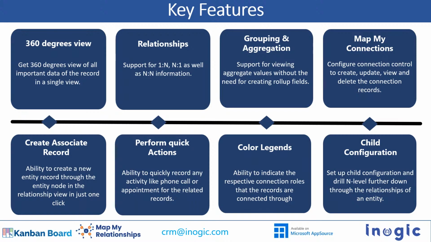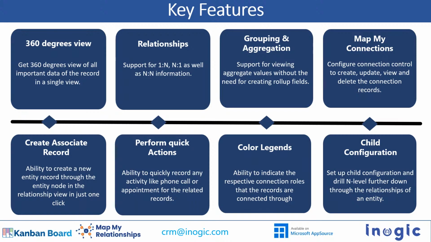Again, my personal favorite over here is the Map My Connections. We can configure the connection control to create, update, view, and delete the connection records. It provides a visual layout of the connections, which allows us to analyze data in a much quicker way, thereby helping to take faster decisions that are information based.